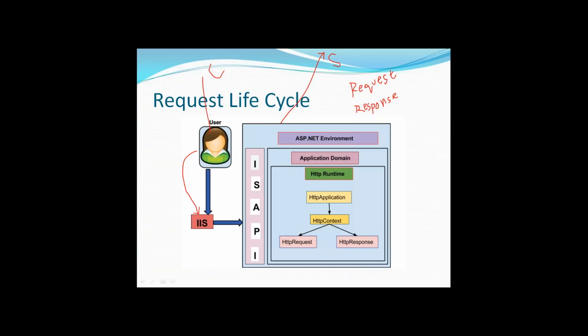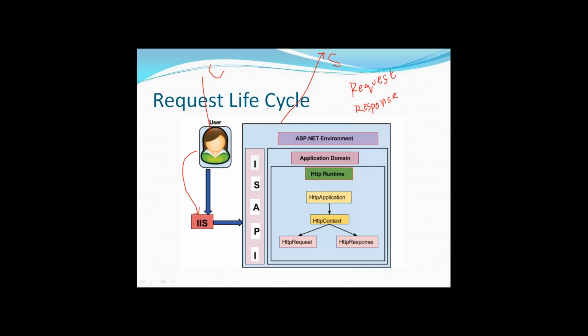Making sense? So what is a request? When the client requests or asks for a certain resource which is deployed on your server, that is called a request. And when the server responds back with the resource requested by the client, that is called a response. We'll get into details of it, but before that, let's understand what a request life cycle is.